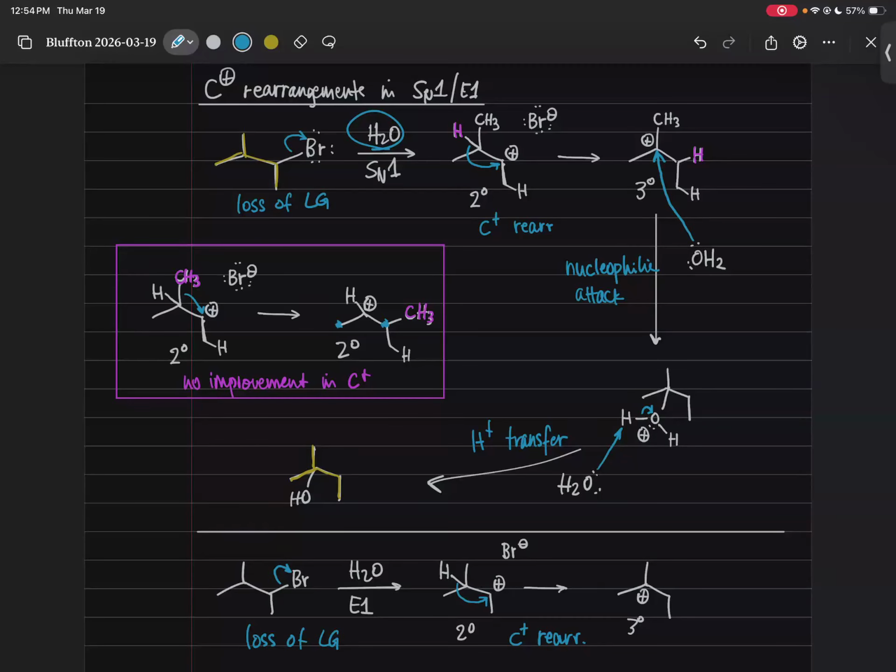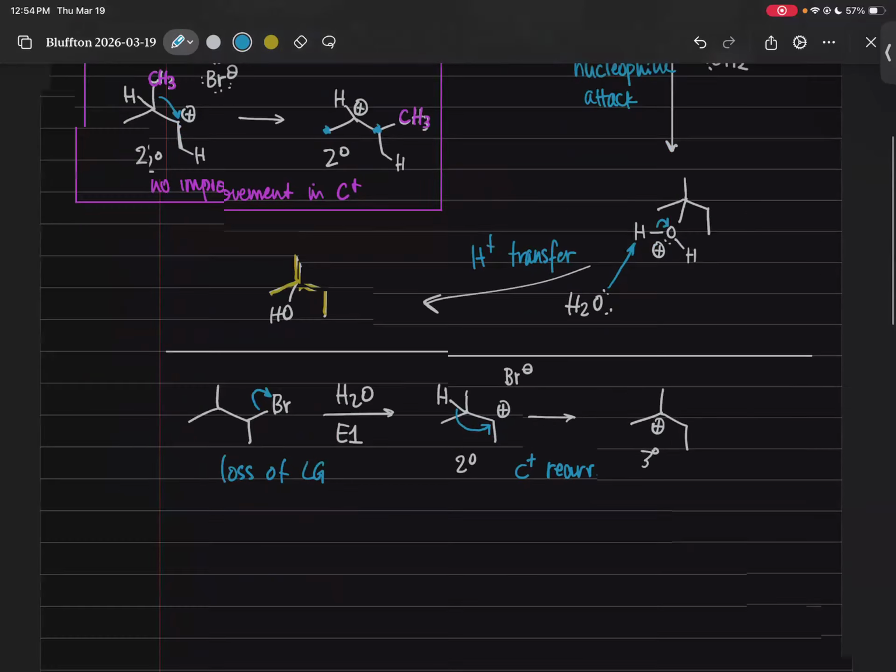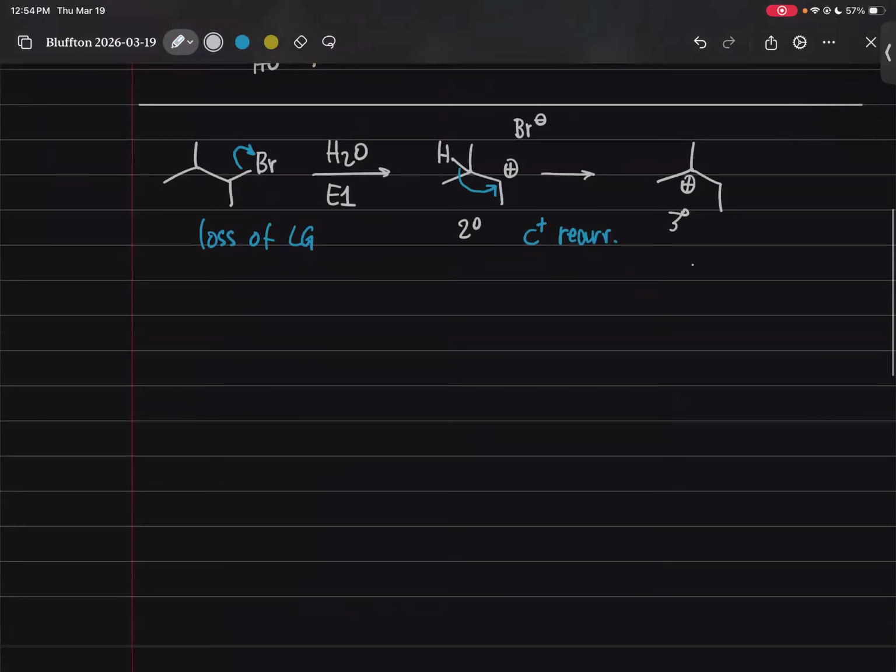The difference now between SN1 and E1 is that our water is going to act as a base for elimination rather than a nucleophile for substitution. So when we're doing an elimination reaction, unless we have tert-butoxide, the bulky base, we're going to want to generate the most substituted alkene.